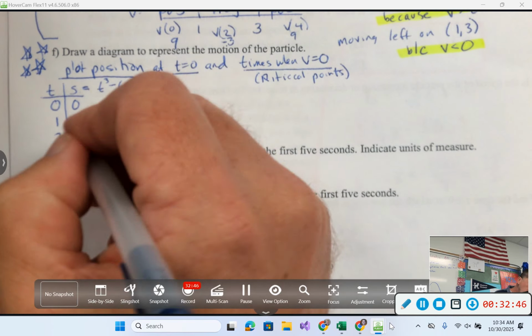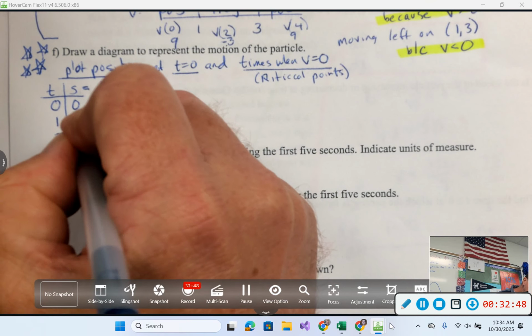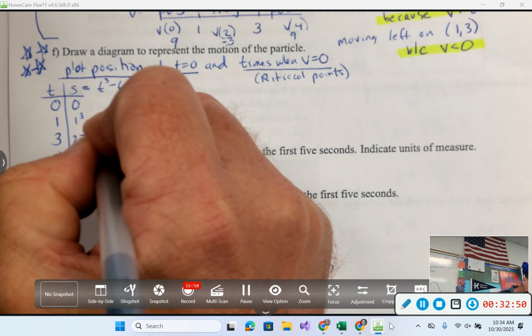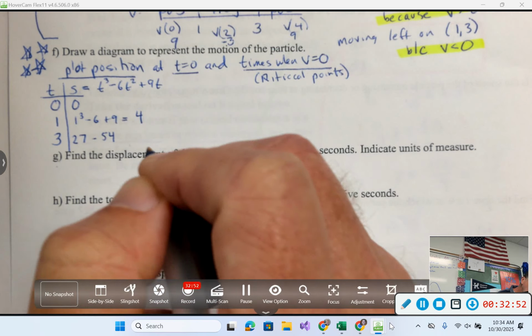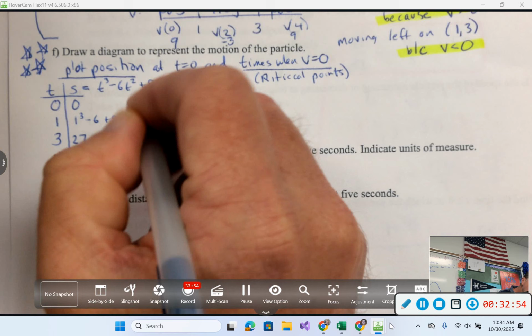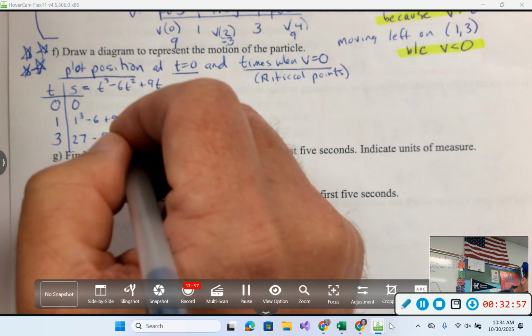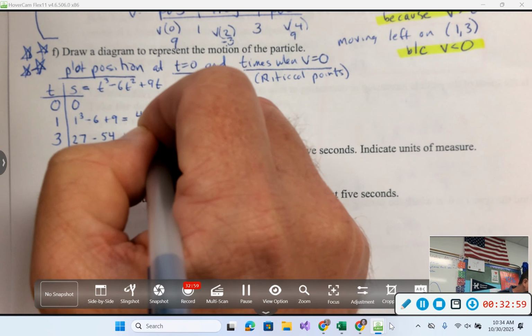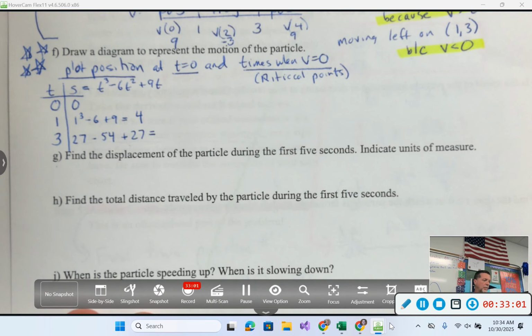S of 3 is going to be a little more complicated. 27 minus 6 times 9 is 54, plus 9 times 3 is 27. Well, I thought it was going to be more complicated, but it's at 0.